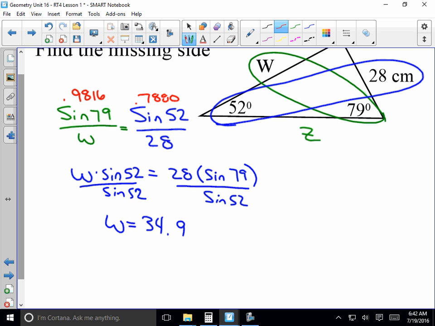So you can work this problem the same way. 0.9816 times 28, enter, divided by 0.7880. Your answer is slightly different, but in this case it rounds to the same answer. There are just a few situations where your rounding would be off by a tenth, just based on how the numbers rounded.